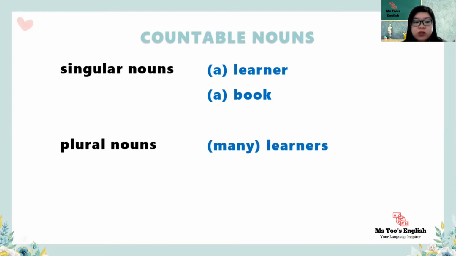When it comes to plural nouns, it means there is more than one learner, then it will be learners. You add the s behind it. For book, easy: books. So there are many learners, there are some books. This countable noun is no problem.